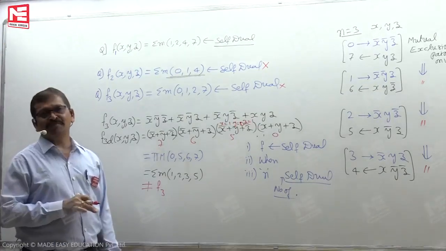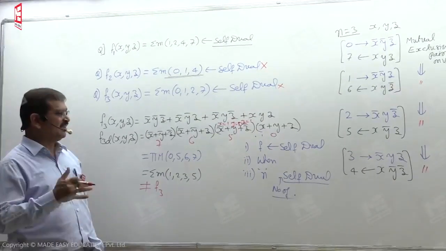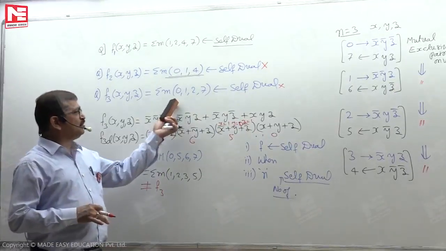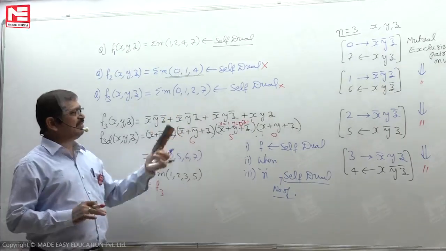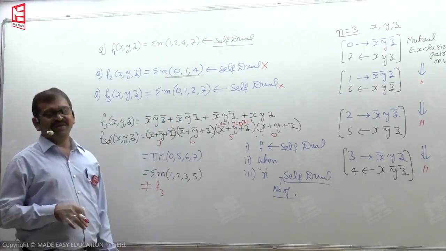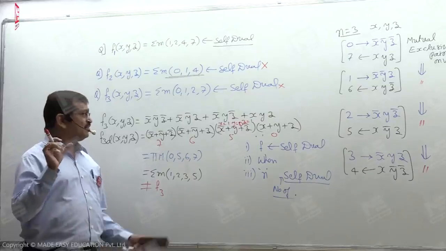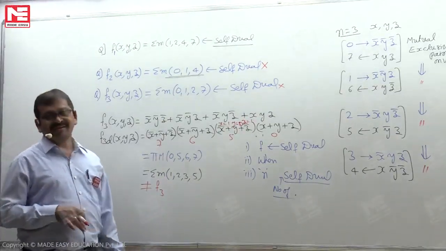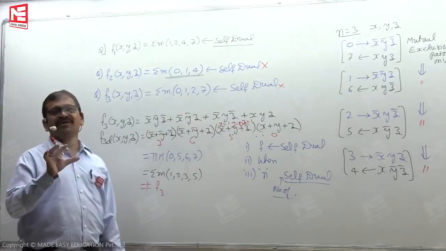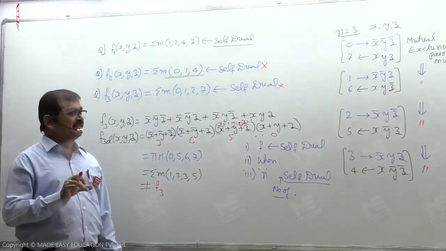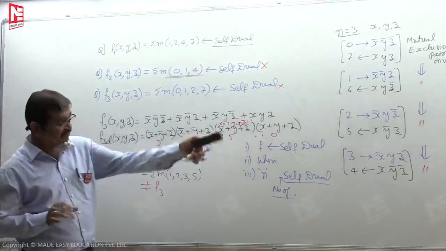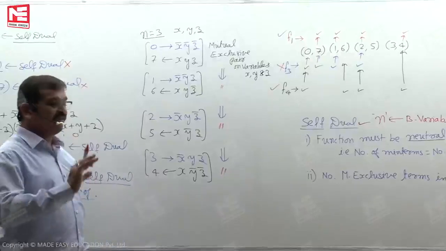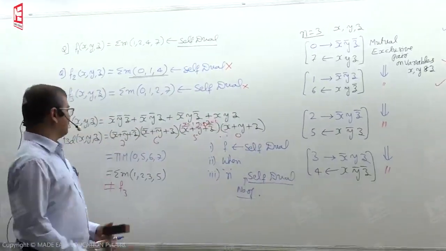In that case, the function is not a self-real function. For example, 0 plus 7 gives 7. So whenever the sum of these two decimal numbers, for three variables, is equal to 7, then a mutual exclusive pair is present. That is, 0 and 7 is a mutual exclusive pair. You can see this from the work we did here. So that function is not a self-real function.